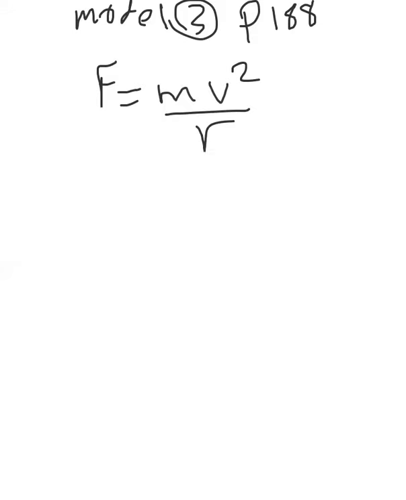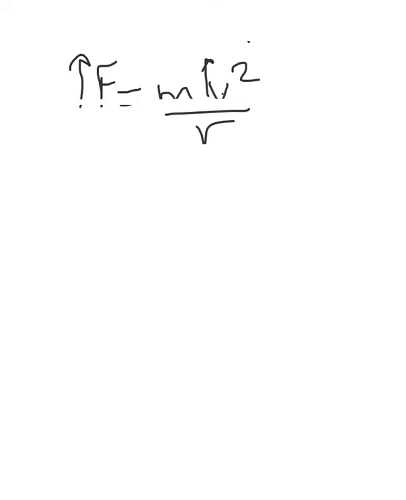If the velocity is doubled, what will happen to the force? Doubled means times 2, so 2v square becomes 4v square. That means the force will increase 4 times because they are a direct relation.